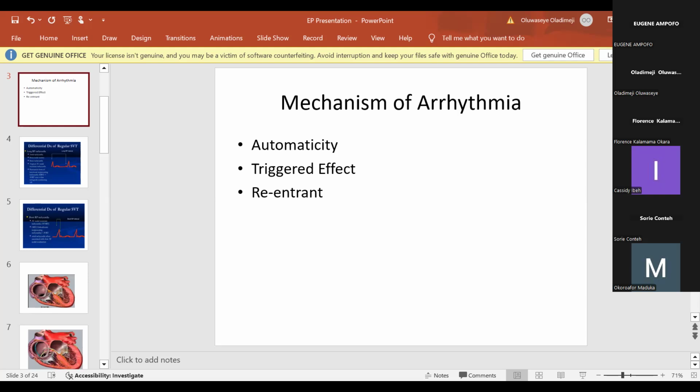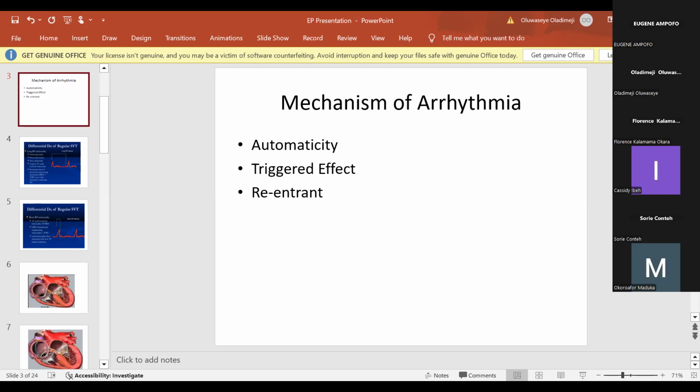But when we talk about triggered activity, we are talking about around the phase 3 of the action potential, where there is the absolute and relative refractory period. So the end part of the phase 3 is where a triggered activity would happen, and usually triggered by the ion channels, especially the potassium channel, when it's meant to be opened, but probably is closed early.